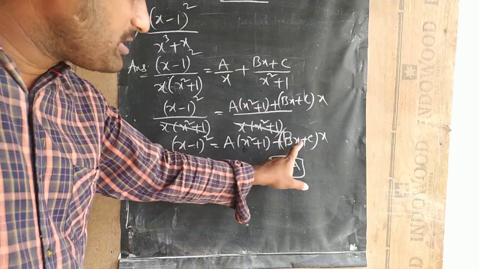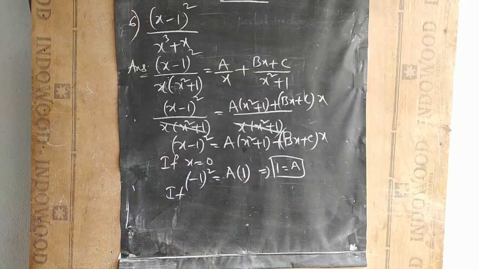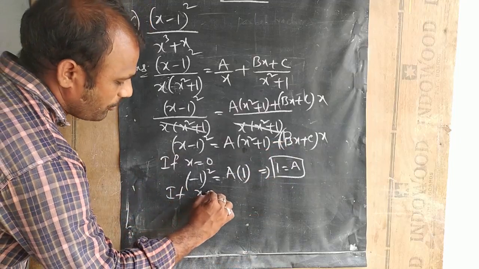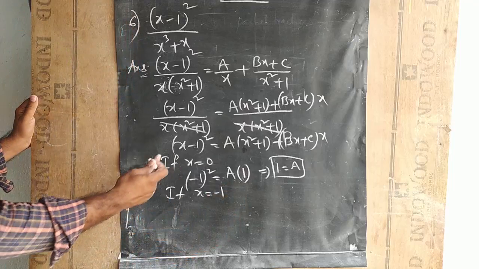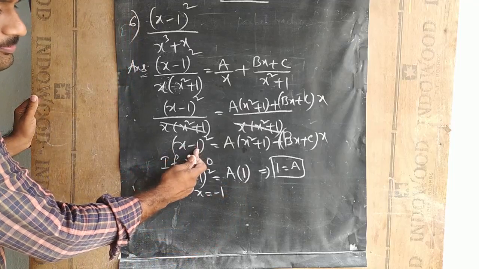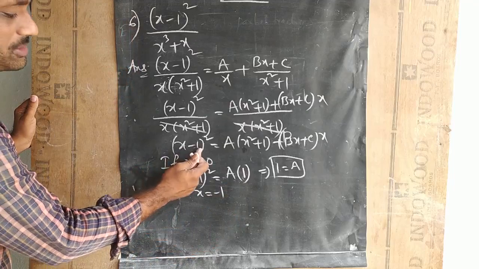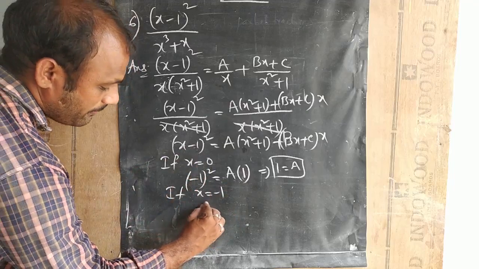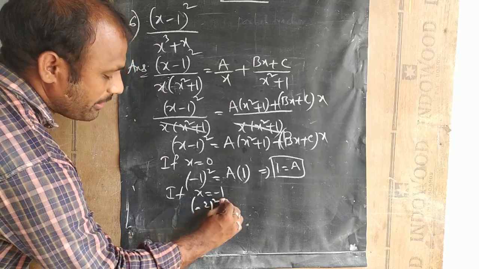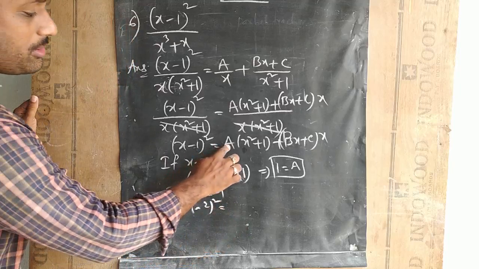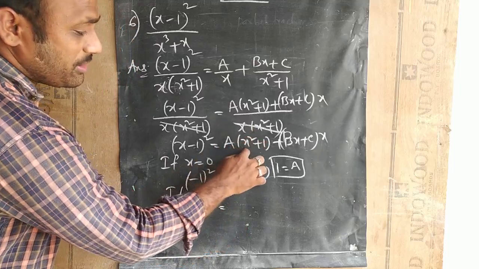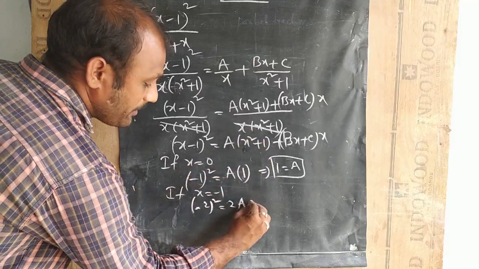If I substitute x as minus 1, what are we going to get? Let us take it out once. Minus 1 means minus 2 square. So minus 2 square is equal to a into minus 1 whole square, which is plus 1. Plus 1 plus 1 will be plus 2a.